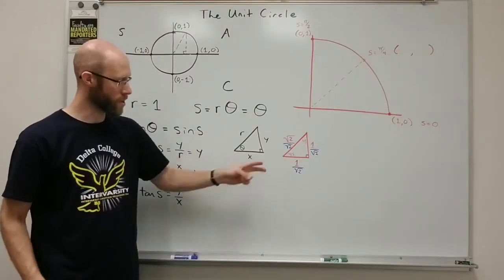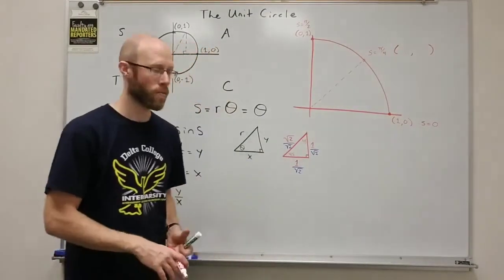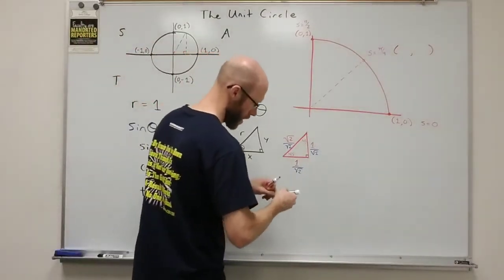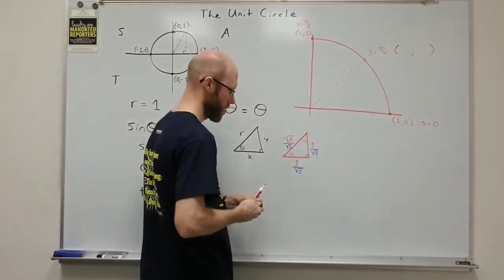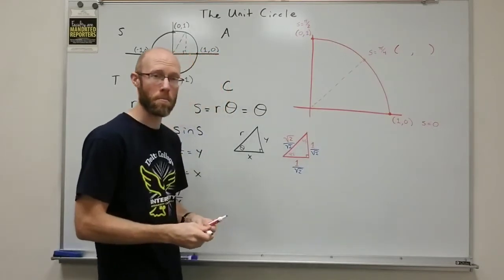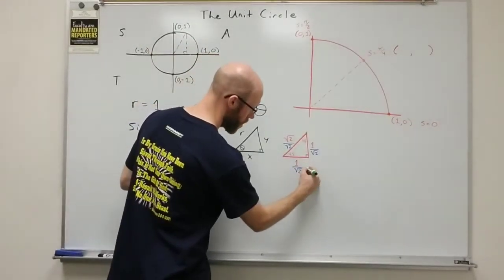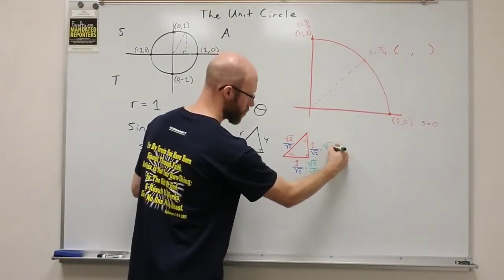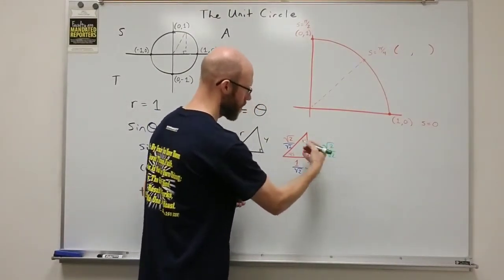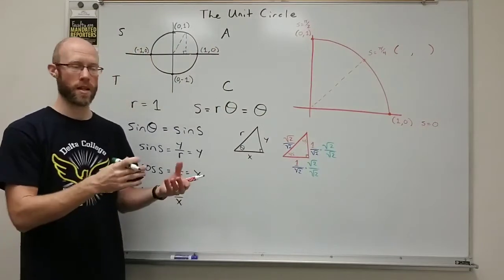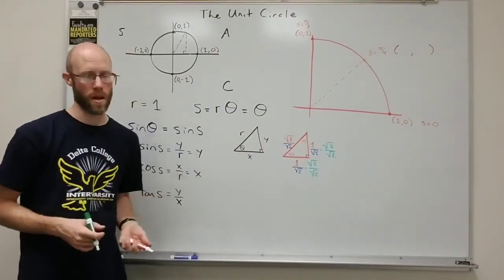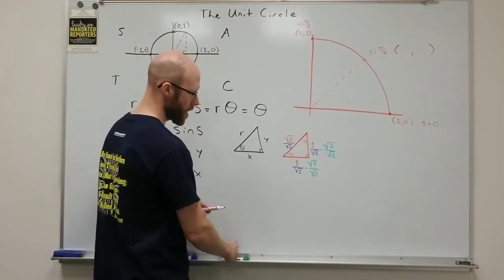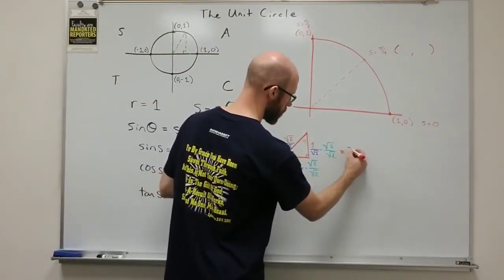To rationalize denominators, we've talked about this before as well. You multiply the top and bottom by that denominator. So multiply by root 2 over root 2. Do the same here. Of course, we're going to get the same value because this is an isosceles triangle, so it'll be the same. And when we multiply by that, we end up with root 2 over 2.